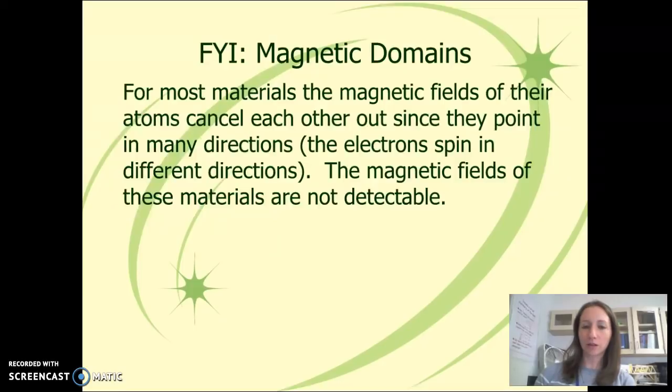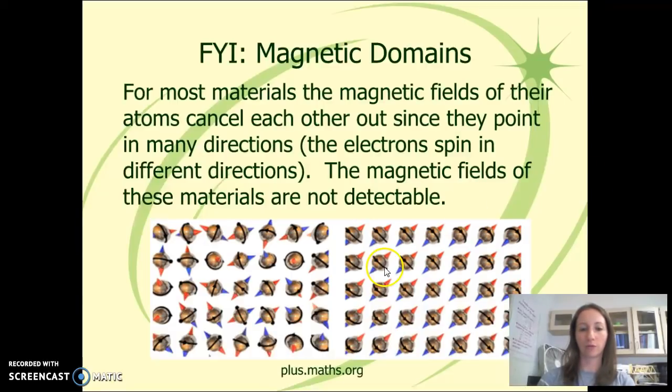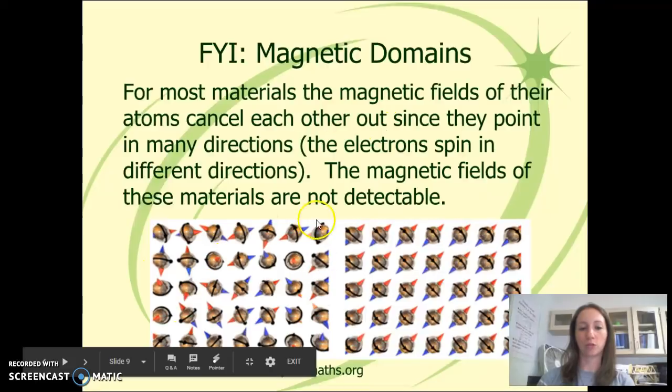Alright, so let's talk a little bit about magnetic domains. For most materials, the magnetic fields of their atoms cancel each other out, like we said, but the magnetic fields of these materials aren't necessarily detectable because of this. So when we talk about a domain, we're usually talking about a number of atoms all grouped together and what direction they're facing in.